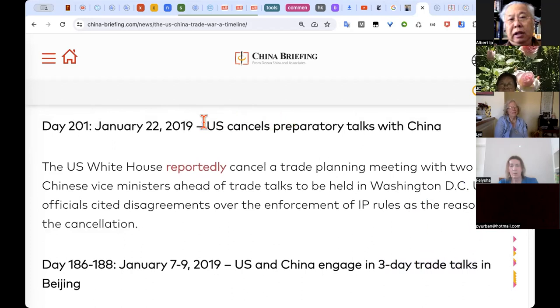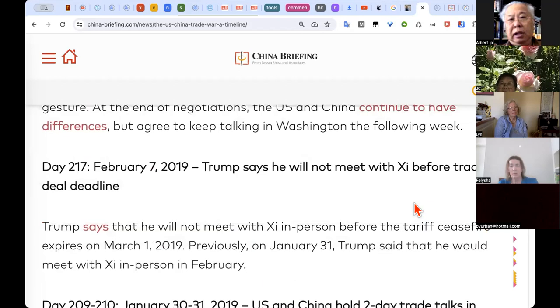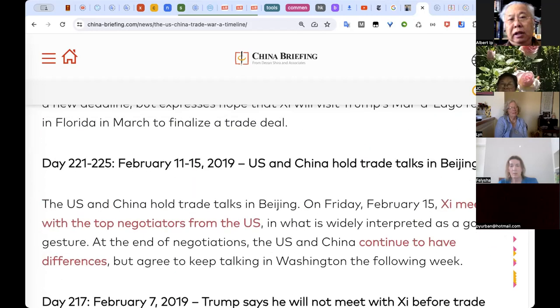Okay, because talk is not going well, they cancel preparatory talks. And then talk again. And then Trump said he will not meet Xi Jinping. And then later they hold trade talks in Beijing. Now remember, this is 2019, okay?